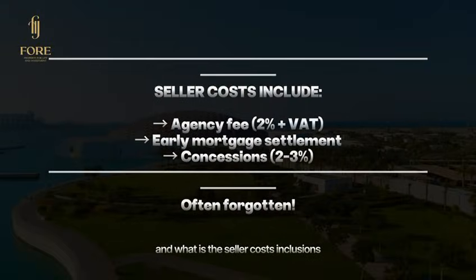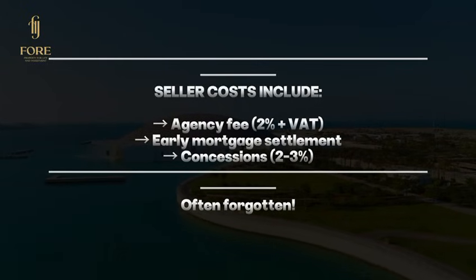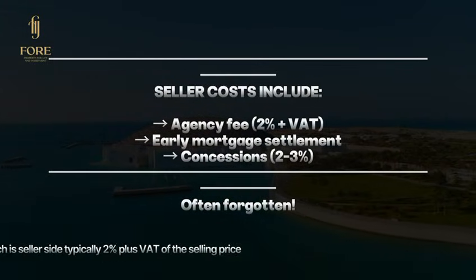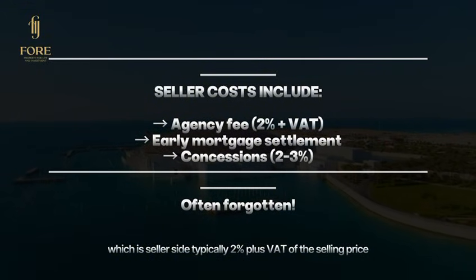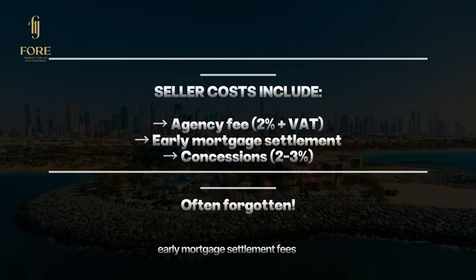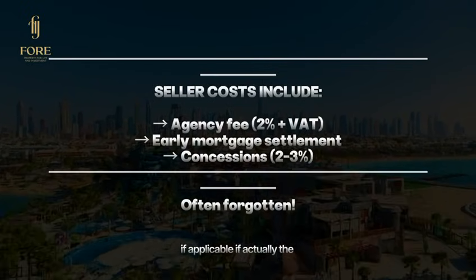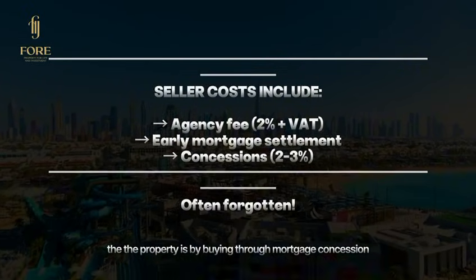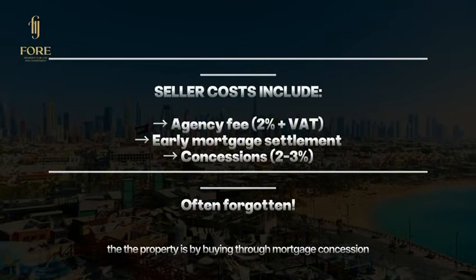What are the seller cost inclusions? These are the following: the agency fee, seller side, typically 2% plus VAT of the selling price. Early mortgage settlement fees, if applicable, if the property was bought through a mortgage.